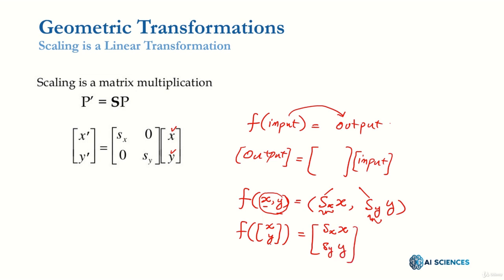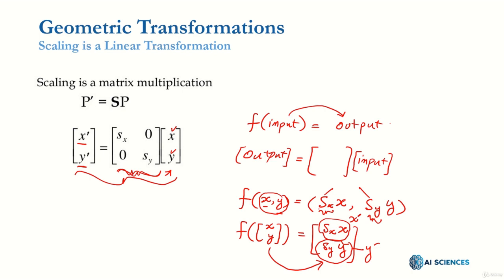You can now see this mapping from input to output can be achieved through this relationship, where the output sx times x is x bar, and the other output is y bar. So x bar is equal to this matrix times the input, and y bar, the other component of the output, is again a matrix times the input.